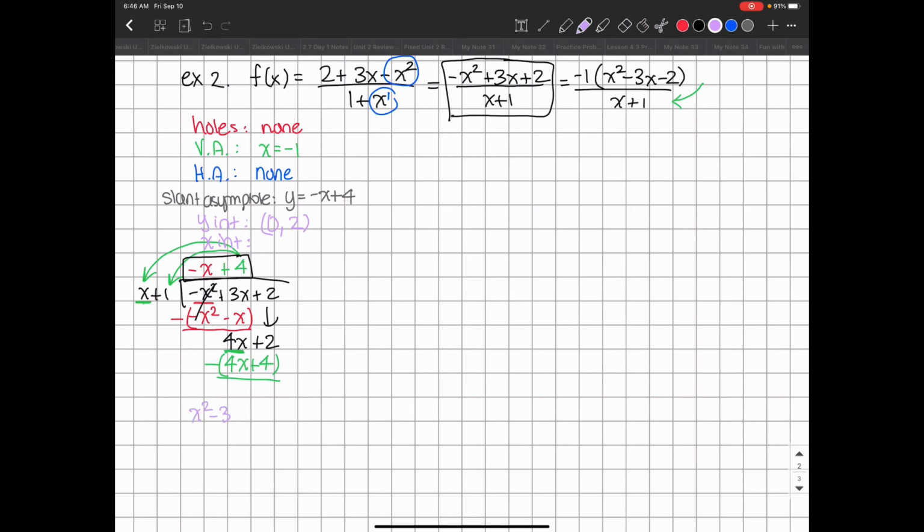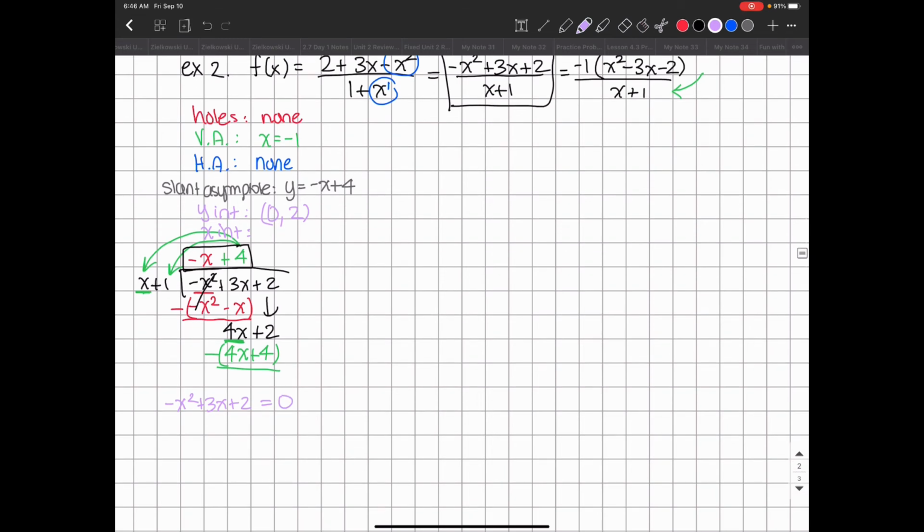Whoopsies, that's not the right equation. So I have -x squared plus 3x plus 2 equal to 0. I'm solving for what x would be, because that's what's in the numerator. And then I'm doing x is equal to -b, which is -3, plus or minus the square root of b squared, which is 3 squared, or 9, minus 4ac, that's 4 times -1 times 2, all over 2 times -1, because 2a.